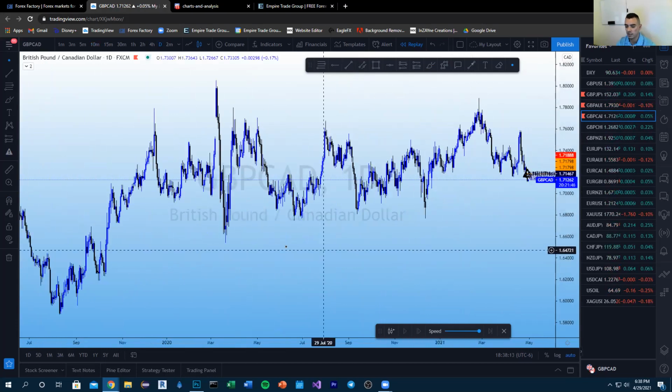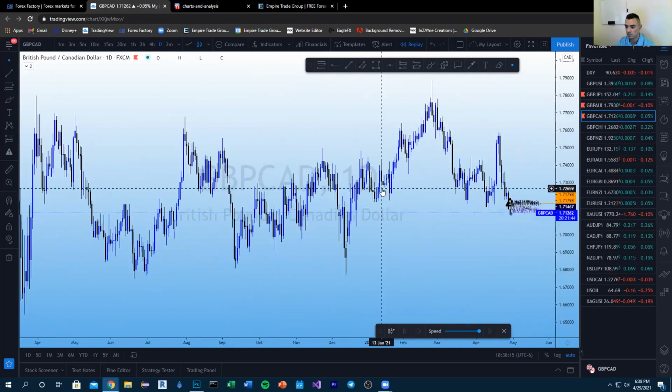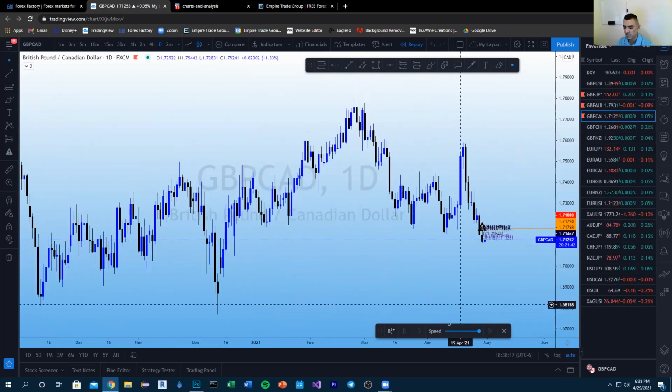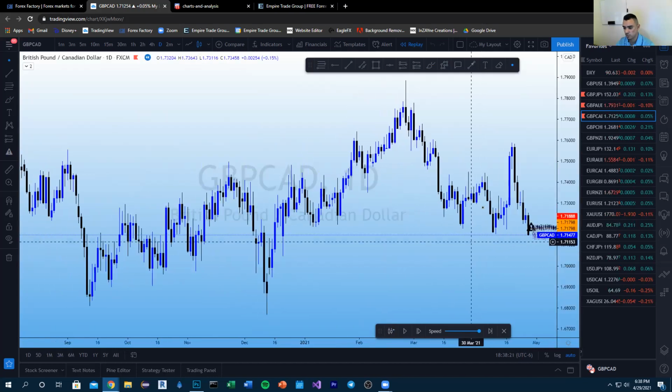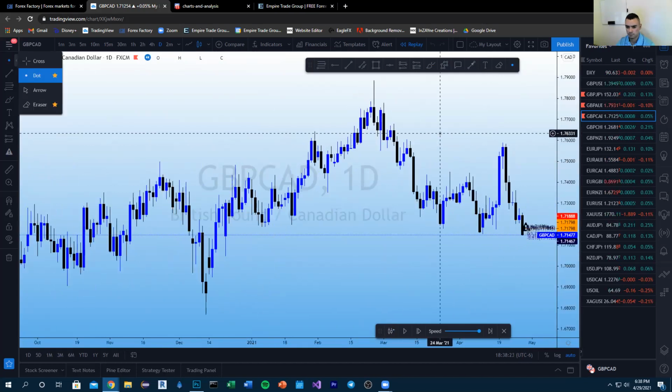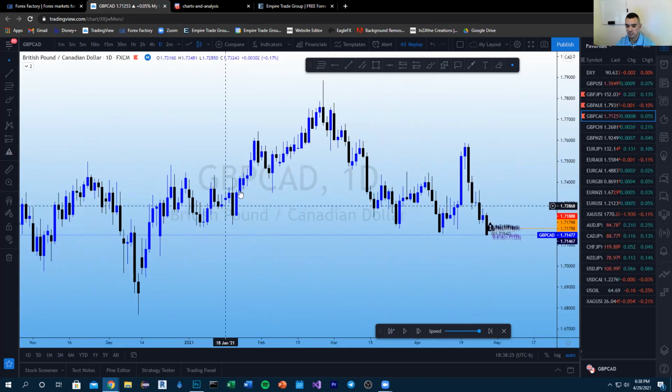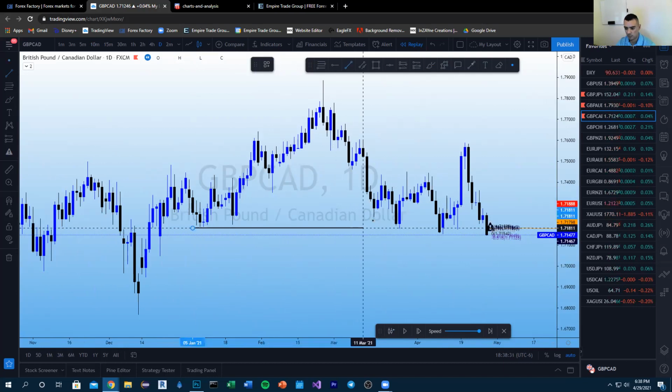So again, started on the daily. What do we see? Kind of in this range. But again, I'm more concerned about where price is at now. I think price was live. Let's just put it right here for right now. Looking at this, we see that price pushed up, came down, and just made a lot of equal lows, and then came down and broke through.